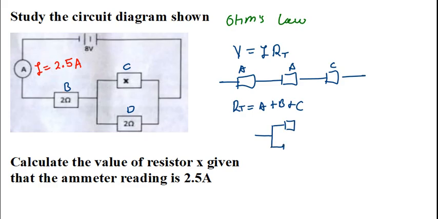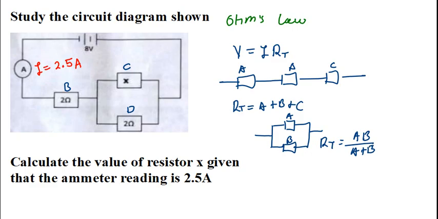When they are more than two, that's another case. If this is your A and this is your B, for parallel, your total resistance is equal to A multiplied by B divided by A plus B. That's how you find the total resistance.